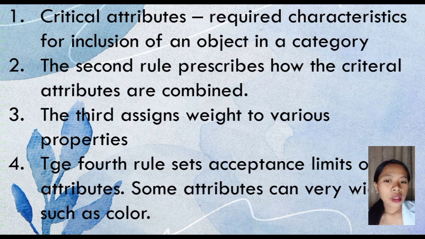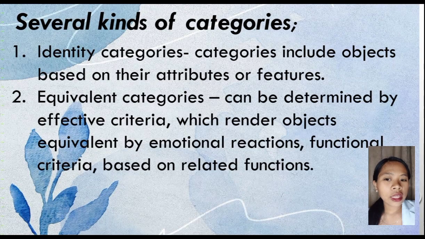There are several kinds of categories. The first is the identity categories. Categories include objects based on their attributes or features. Second, the equivalent categories. Equivalent categories can be determined by affective criteria, which render objects equivalent by emotional reactions, functional criteria based on related functions.